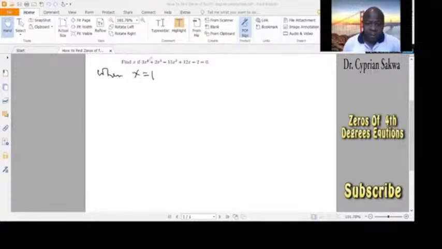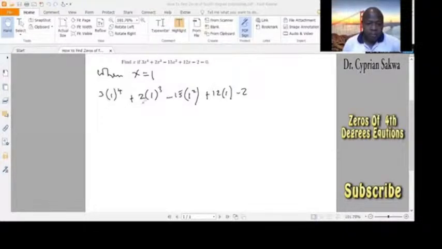So I put 1 where there is x. This would be 3 times 1 raised to 4, plus 2 times 1 raised to 3, minus 15 times 1 raised to 2, plus 12 times 1, minus 2. You can just use a calculator.